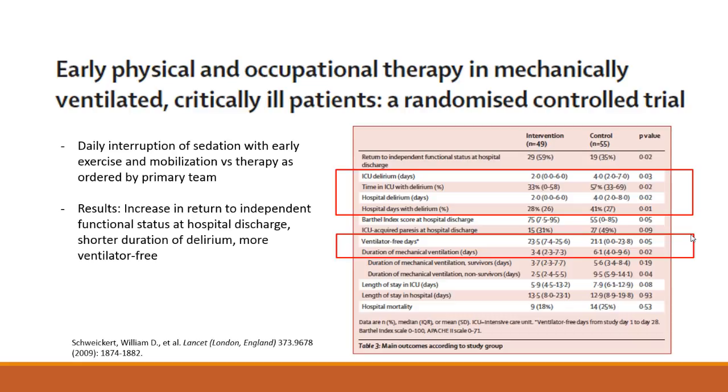And what this trial showed was that patients who were in the intervention arm returned to independent functional status at discharge at higher rates. They had a shorter duration of delirium and more vent-free days. And importantly, it was safe. So the intervention arm did not have any adverse outcome to patients with regards to safety.